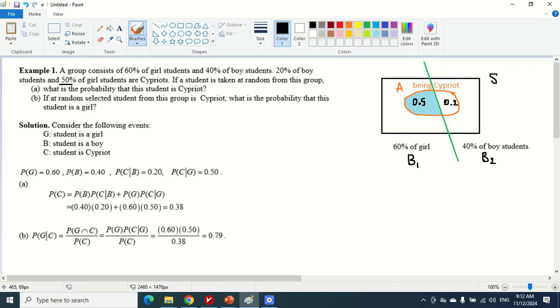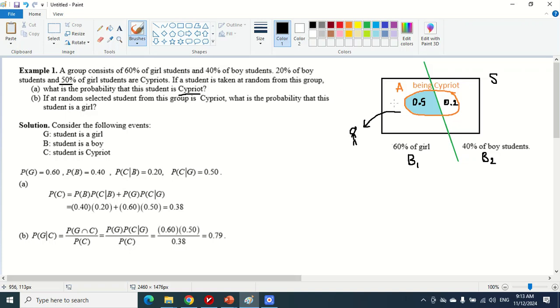If a student is taken at random from this group, meaning we select a random student, then we have a question. What is the probability that the given student is Cypriot?